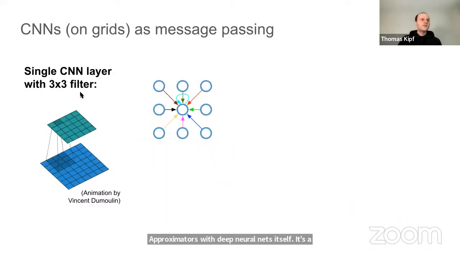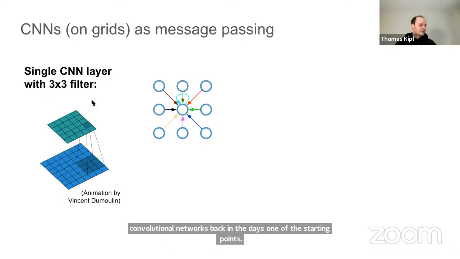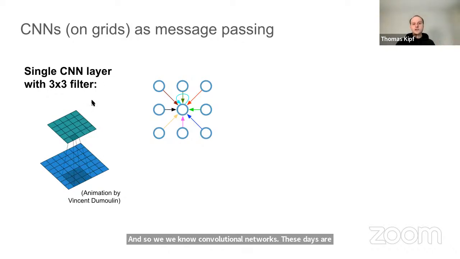Now, if we look at convolutional neural networks, then this already gives us the basis for how we can actually design graph neural networks in practice. And this was also for me, when I looked at graph convolutional networks back in the days, one of the starting points. We know convolutional networks these days are still one of the core architectures for processing images next to transformers.